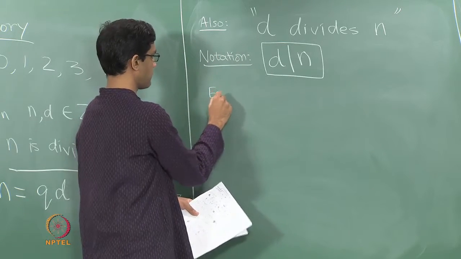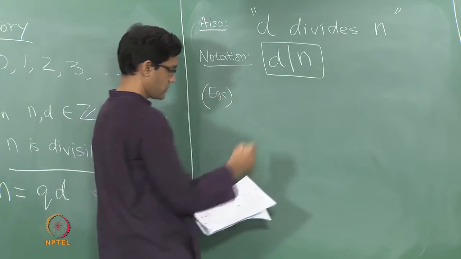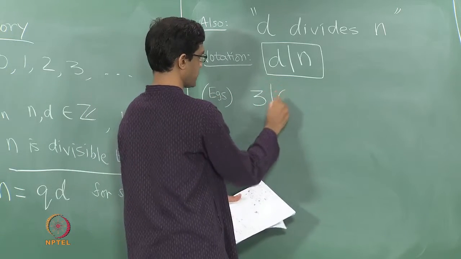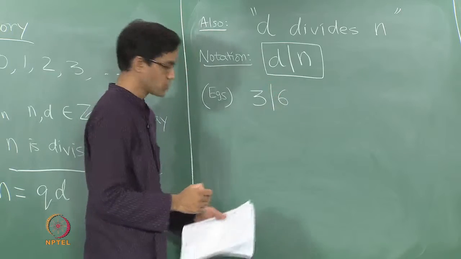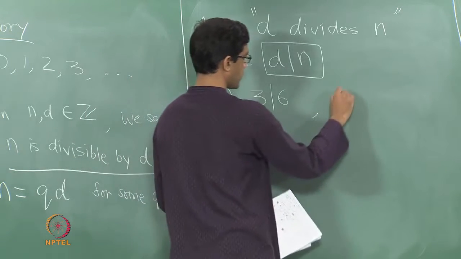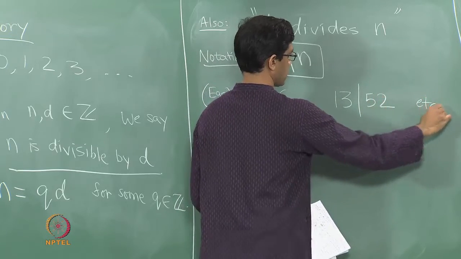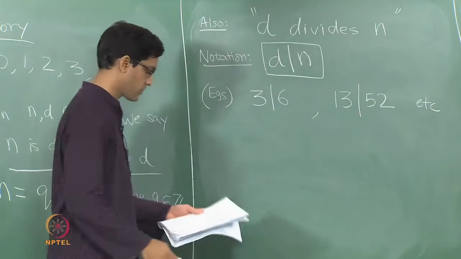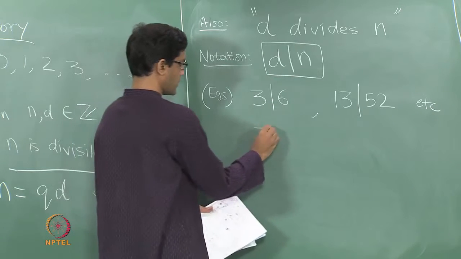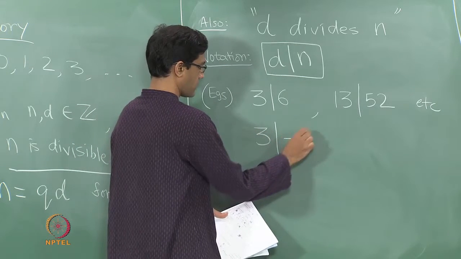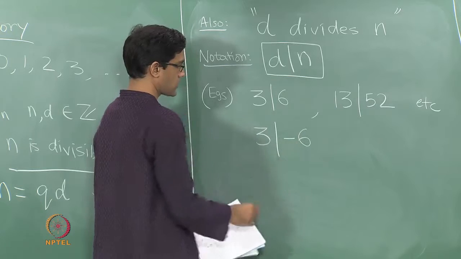So what are examples? Of course this is very familiar and easy. For instance 3 divides 6, because 6 can be written as 3 times 2. 13 divides 52, because 52 is 13 times 4, and so on. You can think of a large number of such examples. It is also interesting to keep in mind that these numbers could be negative.